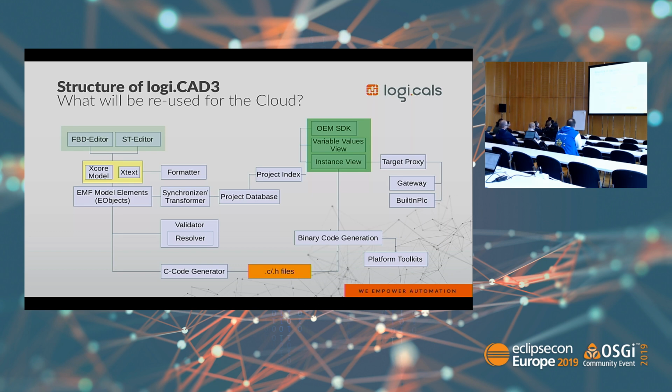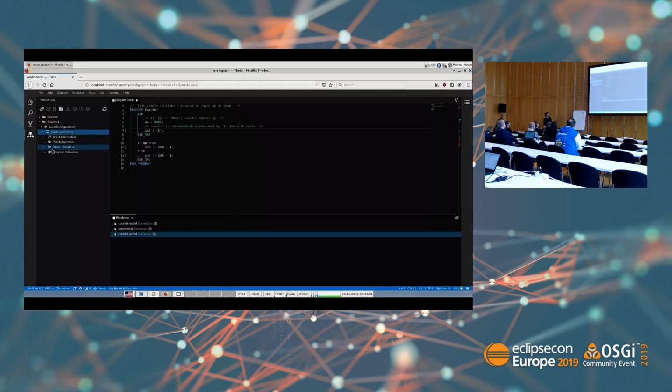So when coming back to the implementation or to the Logic Cloud prototype that we have, this is what you can see on the left-hand side in the screen. This had to be reprogrammed. So it's still behind the UI, it still uses like the Logic.CAD interfaces, but the front end had to be redeveloped because it could not be reused one by one in the cloud area.